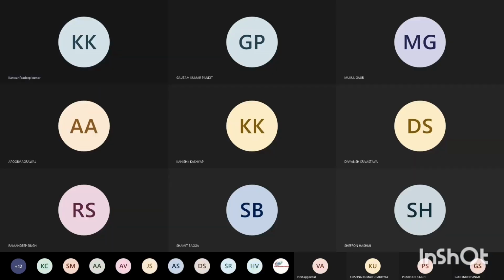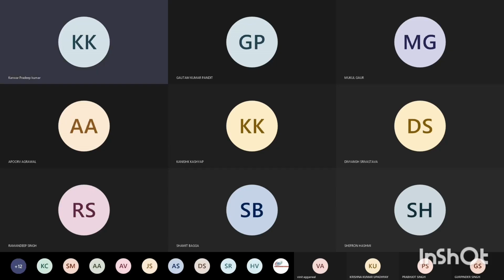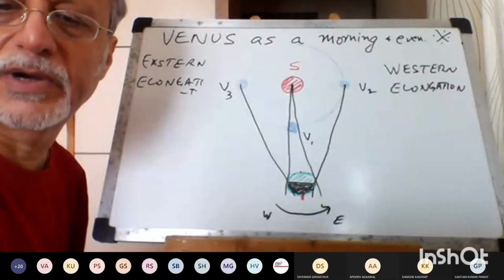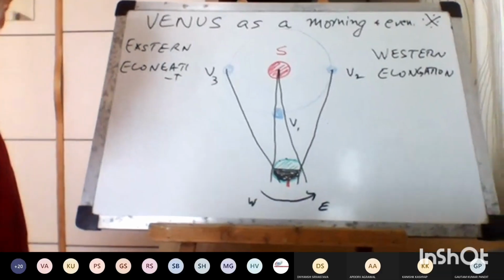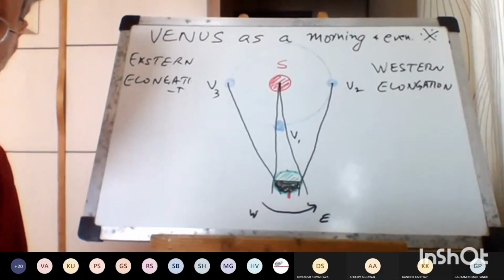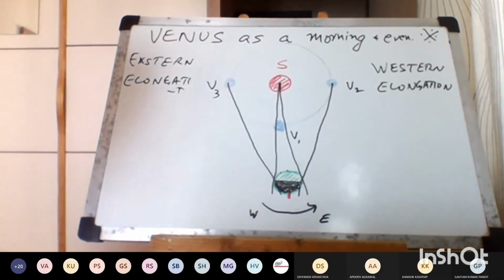Okay. So coming back to the whiteboard, I will just draw a figure and I will try to show you something so that when I'm talking about it, probably you will understand better.